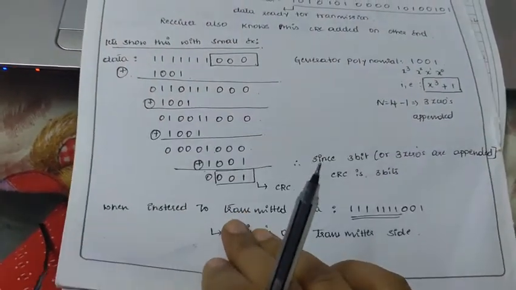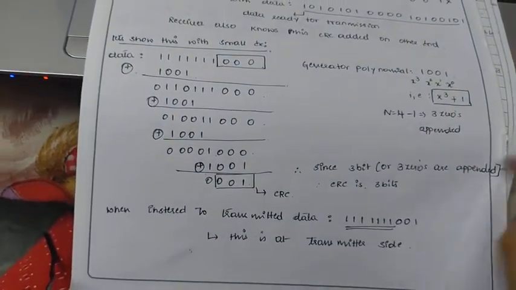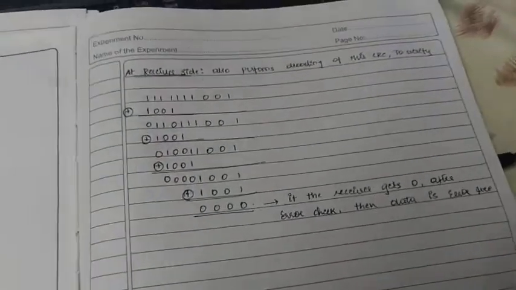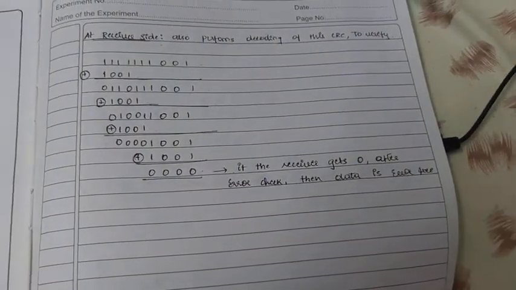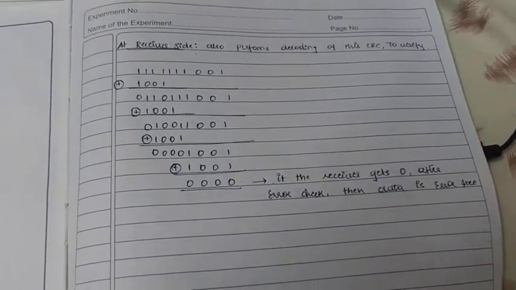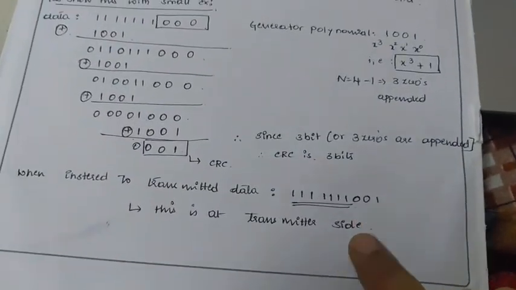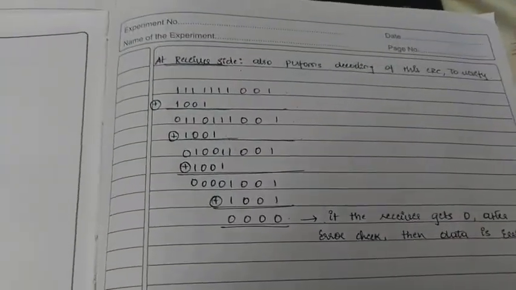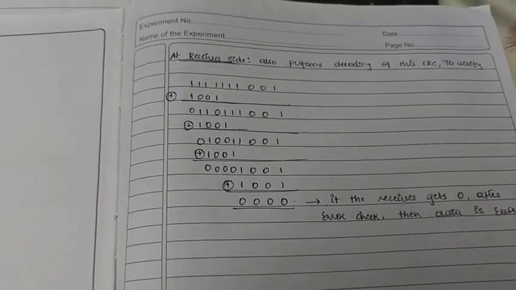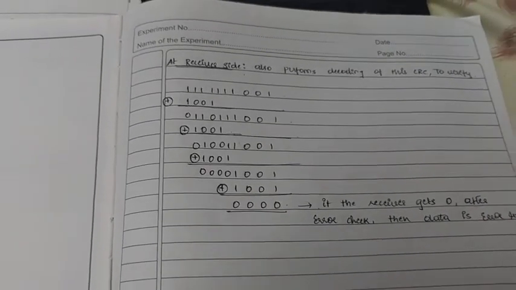Now the receiver also knows that this should be a CRC. If we consider the verification process, this is the verification or decoding at the receiver. We consider whatever the transmitted data was, the same transmitted data is considered. The generator polynomial is considered again and the XOR operation is done, following the same procedure.